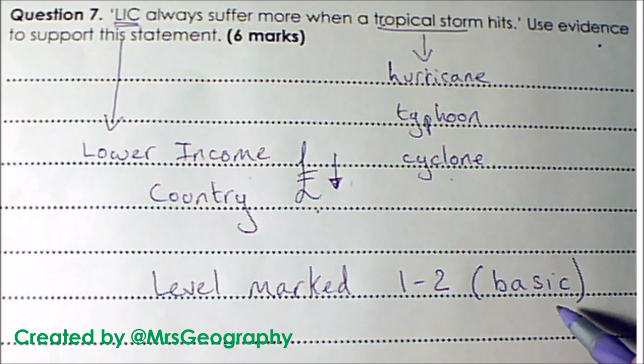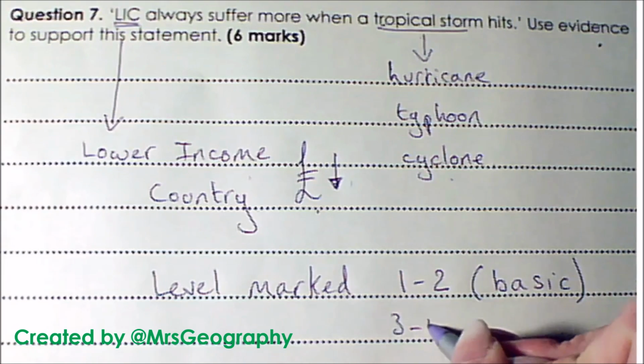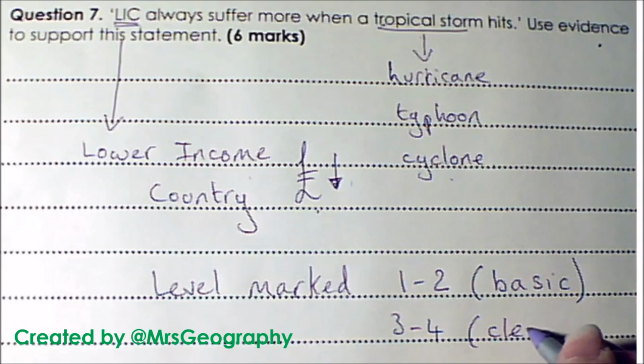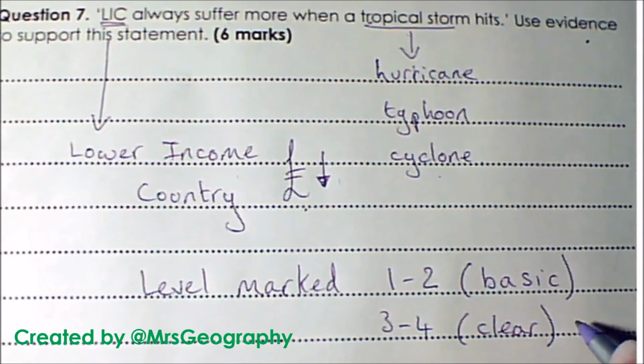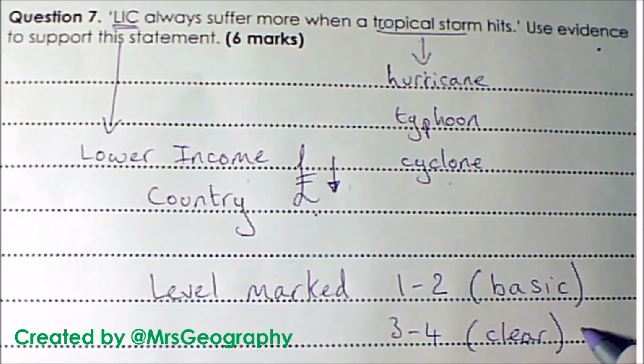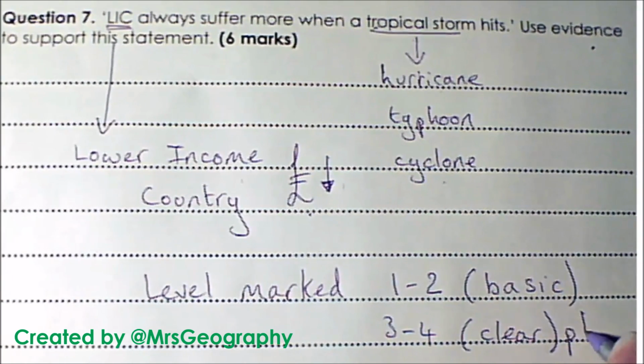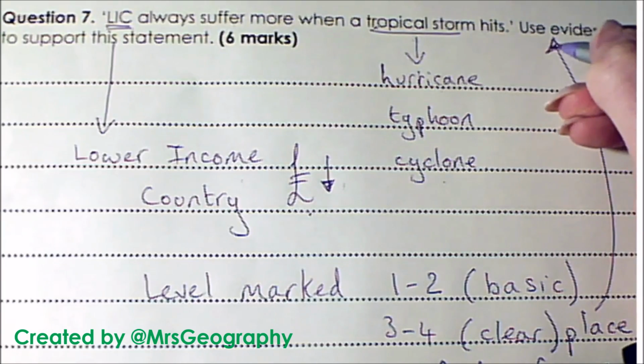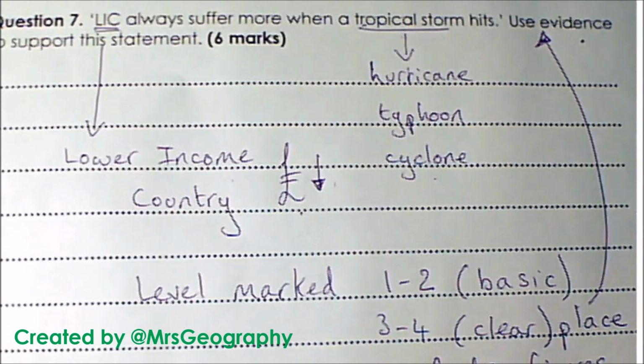People die. Homes destroyed. For 3 to 4 marks, your answer is going to be clear. You're starting to show your knowledge. Now that might be place knowledge. You might give some examples. That might be things like facts and figures. Whatever you think is evidence, use it. Now for 5 to 6 marks, your answer is going to be detailed.